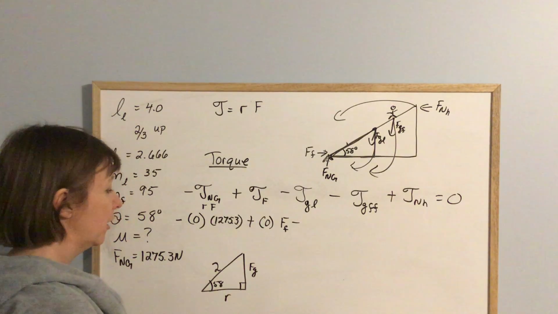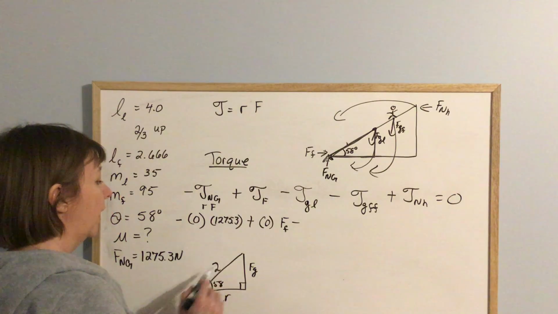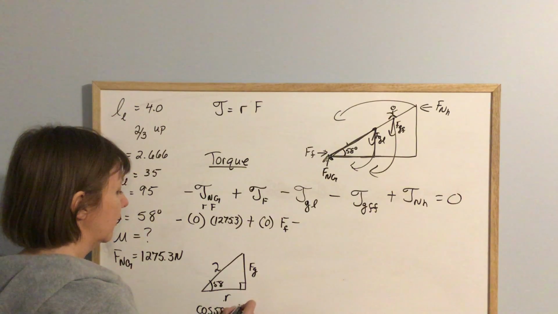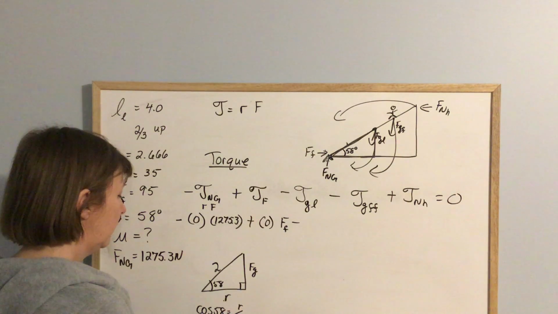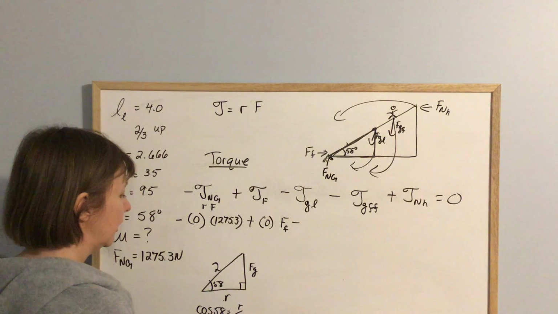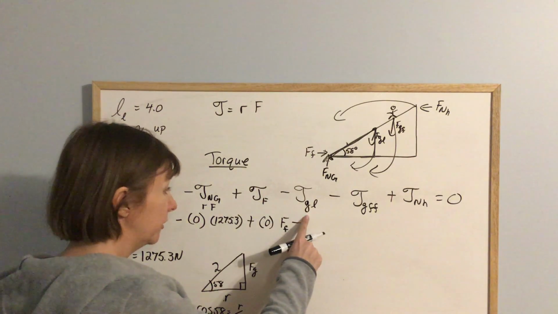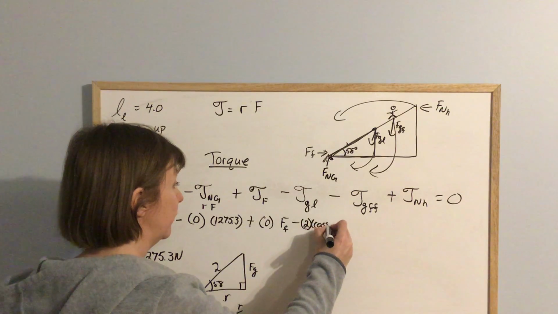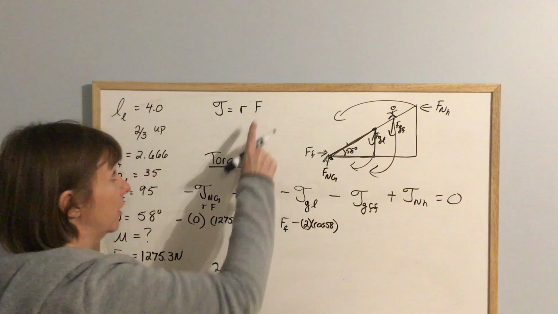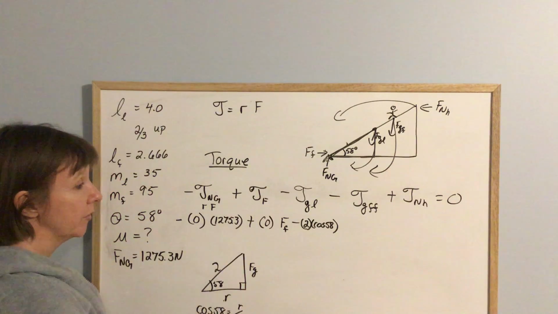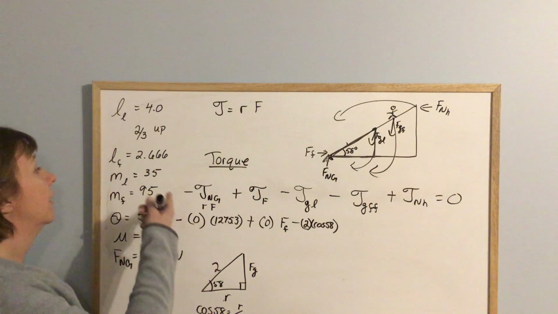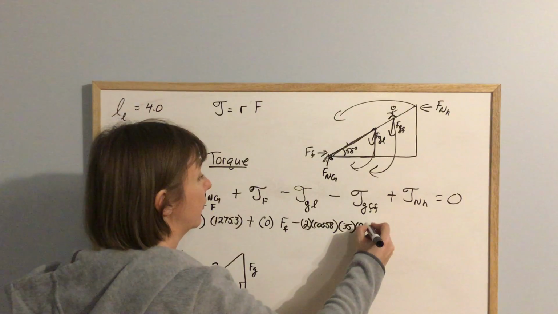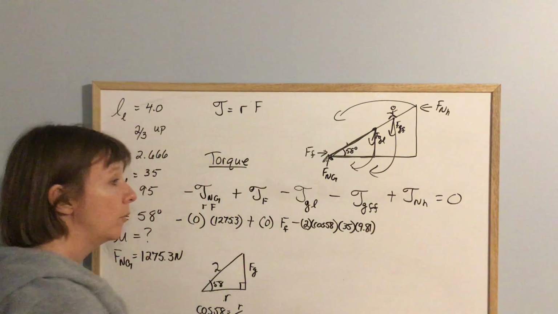So if I want to know what R is, that's the adjacent side. I know the hypotenuse side, that is cos. Cos of 58 is R over 2. So 2 times cos of 58 is my R. So for here, my R is 2 times cos of 58 times my force. Now my force is the force of gravity on the ladder. So the mass of the ladder is 35 and acceleration due to gravity is 9.81.